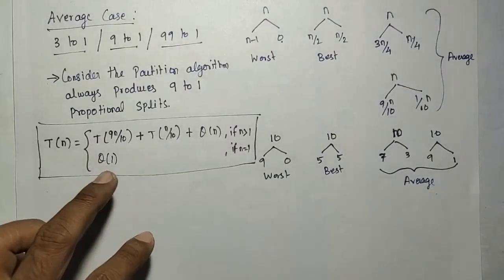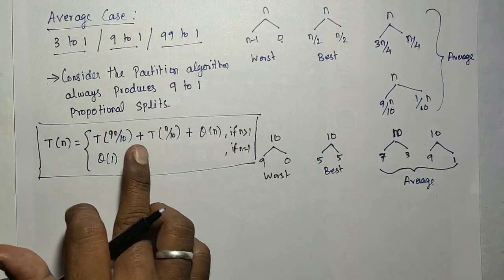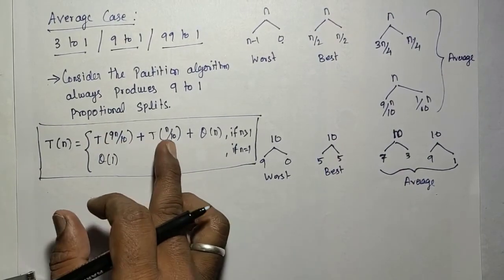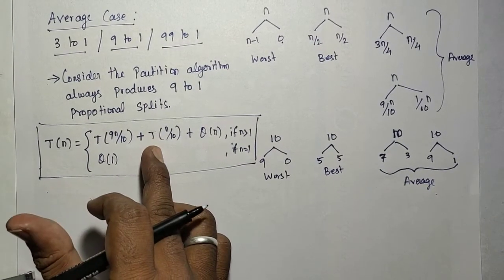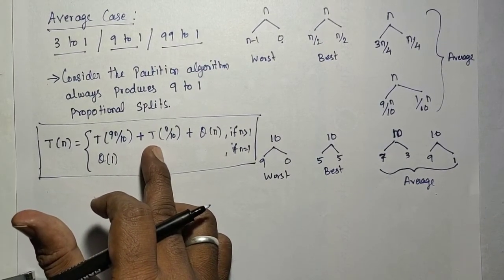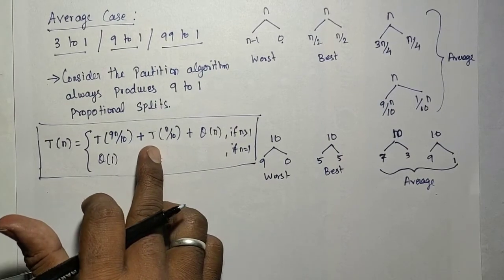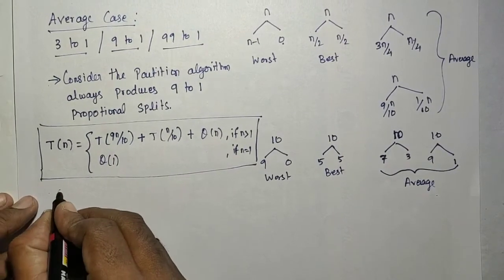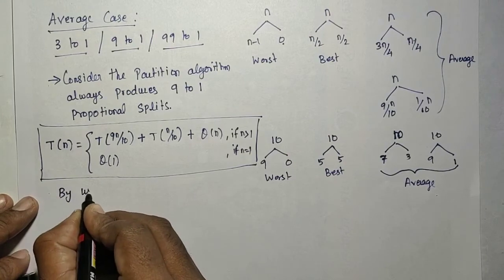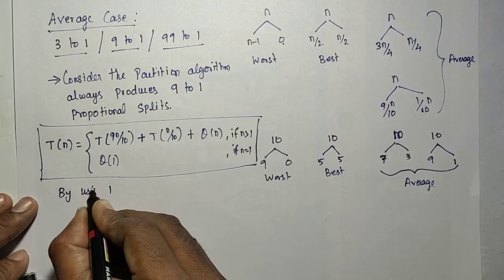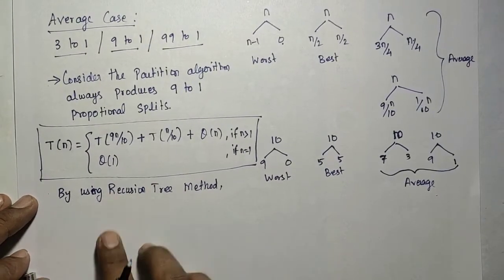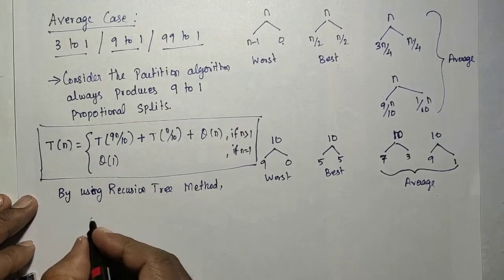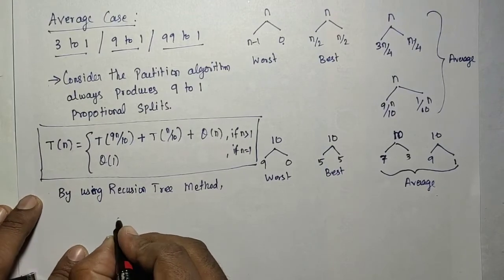But for this type of recurrence, where two different unknown sizes are there, we have to use either the recursion tree method or the substitution method. So if we use the recursion tree method, then we will get the complexity.